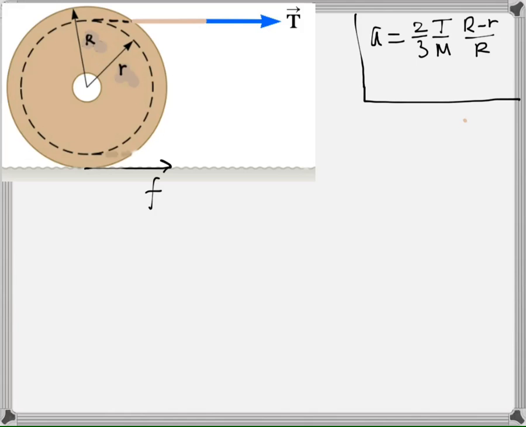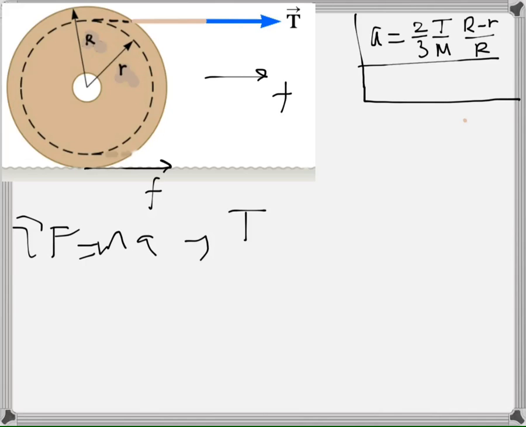Okay, this is the acceleration in the first case, okay? But now let's calculate the acceleration in here, the second case. So, if you want to write down Newton's second law, then the total force, this direction as plus, okay?